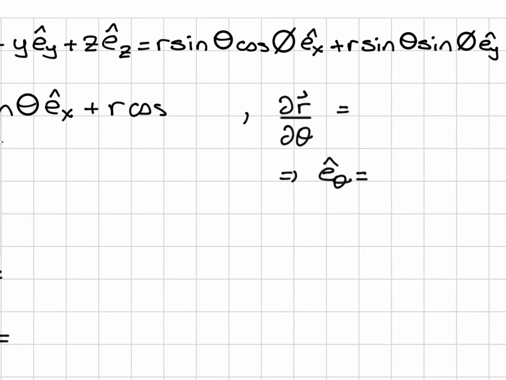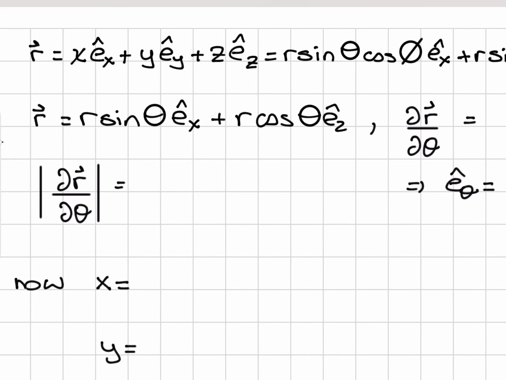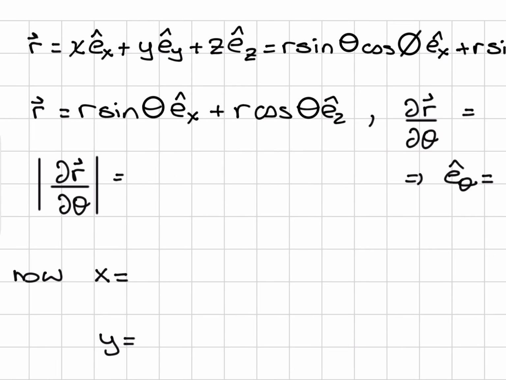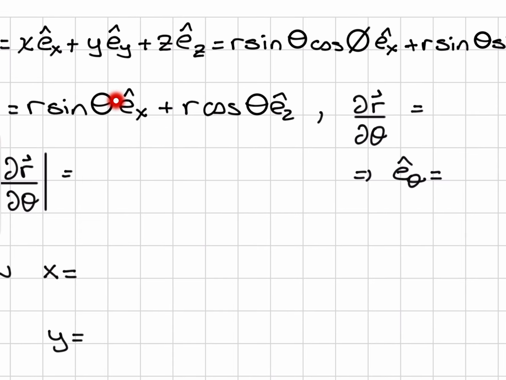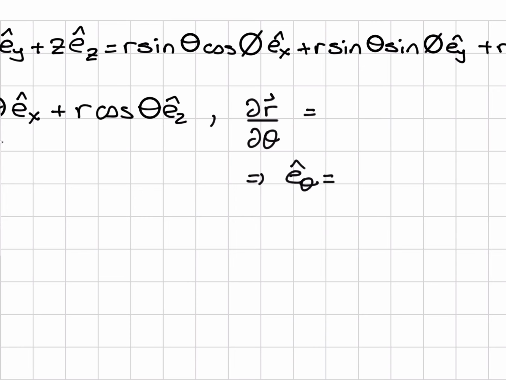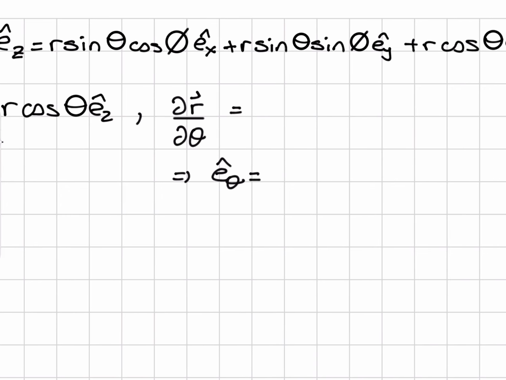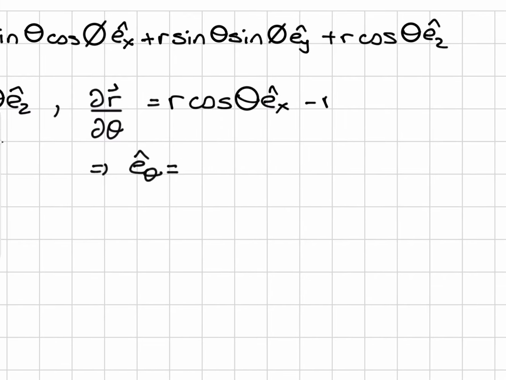Now, if I take a derivative of the position vector with respect to theta, then I will obtain here cosine theta, here minus sine theta. So I will have del r del theta equal to r cosine theta ex hat minus r sine theta ez hat.